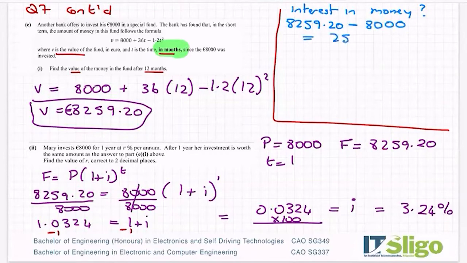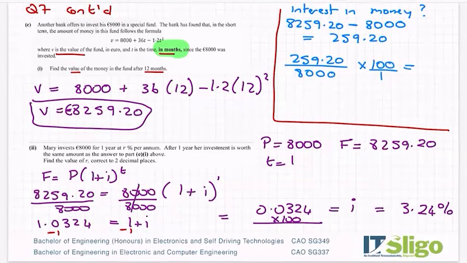So that's €259.20 in money. So put the difference over the original. I don't know if you've heard me saying that formula. I multiply it by 100 to change it to a percentage. That will change the interest in money to interest as a percentage of the original. Multiply by 100 and 3.24%. So that's another way of doing it.